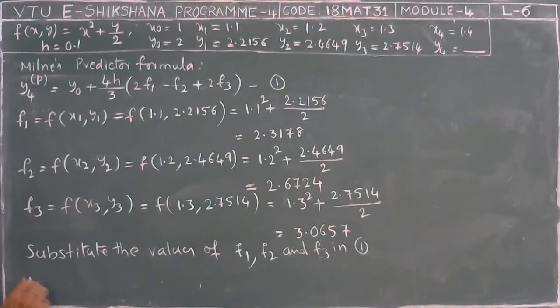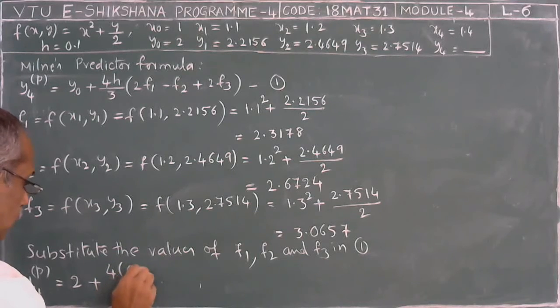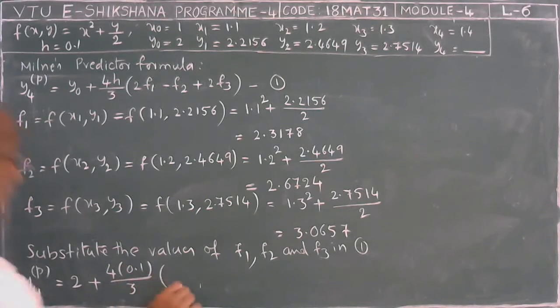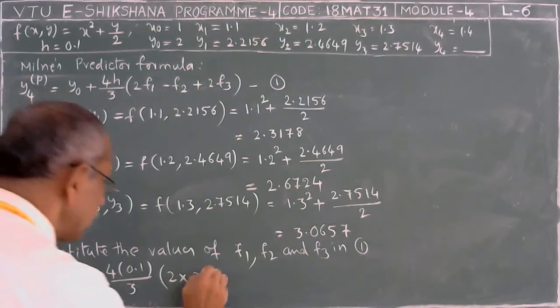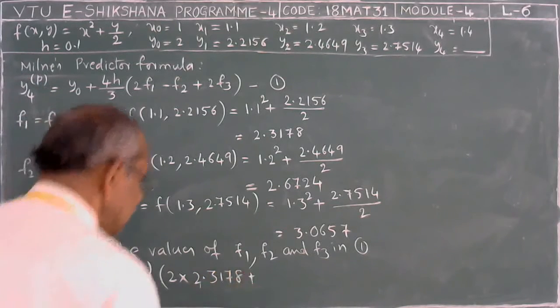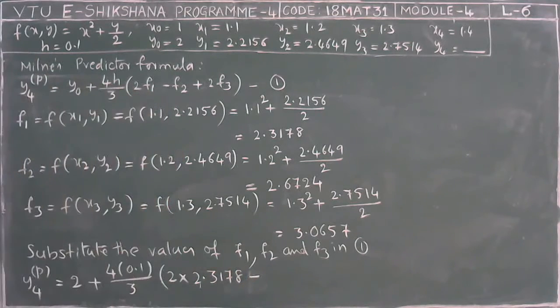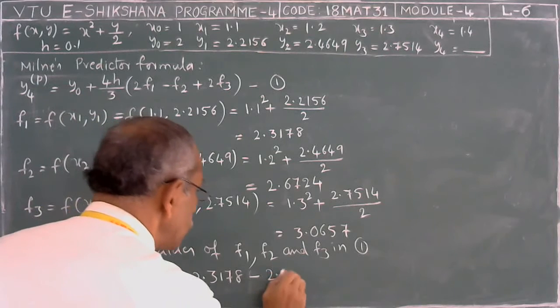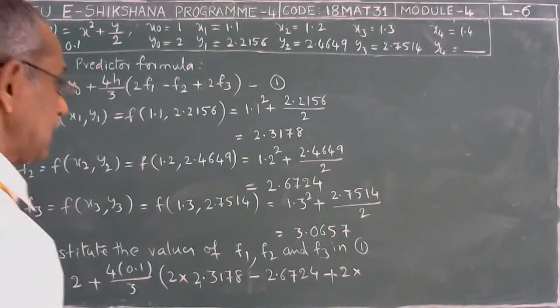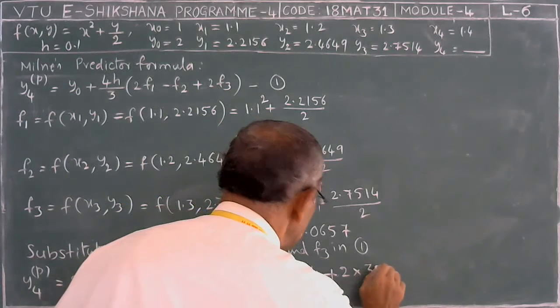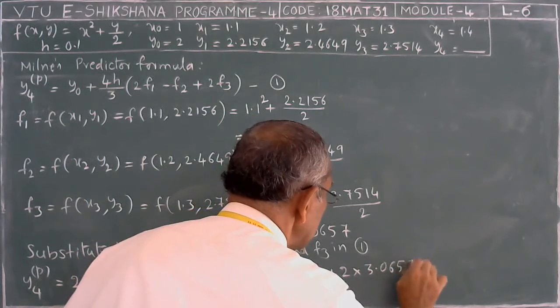So y4p is equal to y0, which is 2, plus 4 into h, 0.1, divided by 3 into 2 times f1, 2.3178, minus f2, 2.6724, plus 2 into f3, 3.0657.